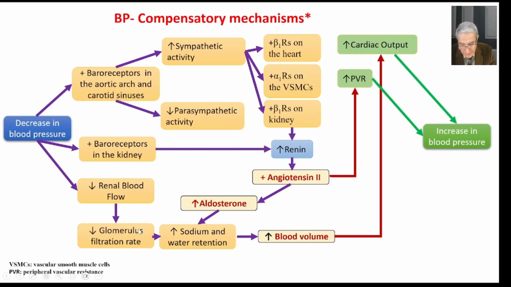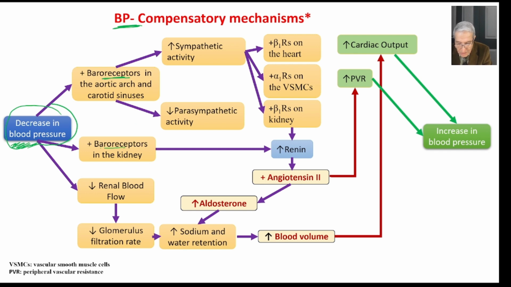Okay, now we have this slide here talking about the compensatory mechanism of hypertension. When the patient, healthy subject or individual patient, suffers from a decrease in blood pressure, hypotension, the baroreceptor system will be activated.